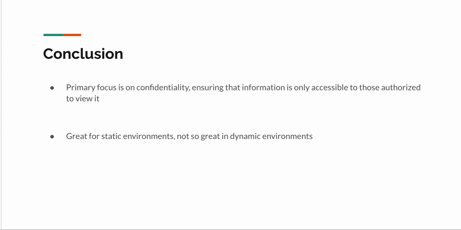And we also saw how it works, right? We aren't able to read up to higher security levels. We're not able to write down to lower security levels. And it really just depends on how we classify information and the security clearances that we give to individual users. But that's it.